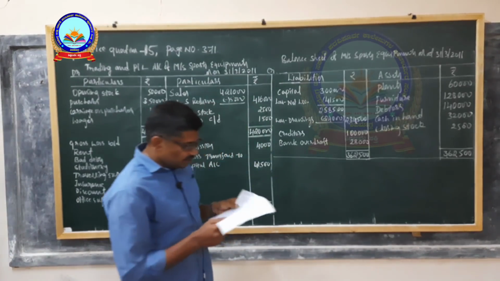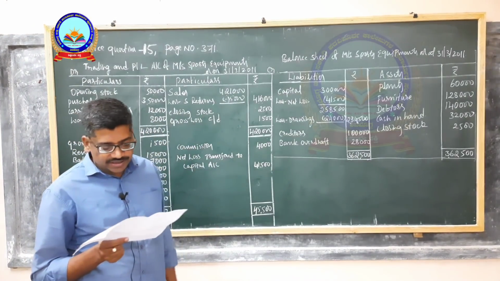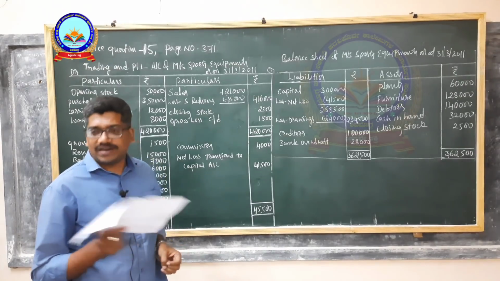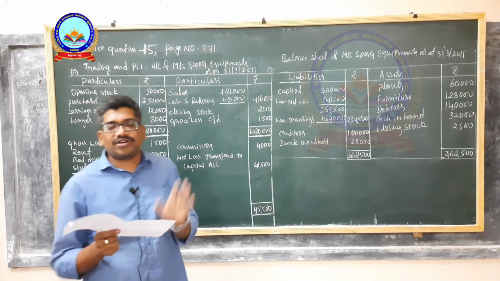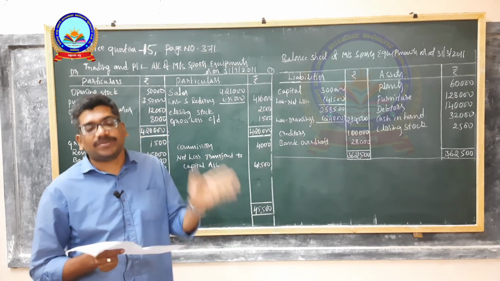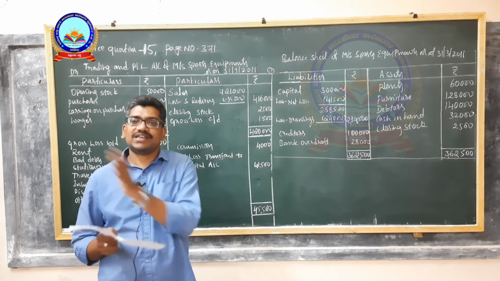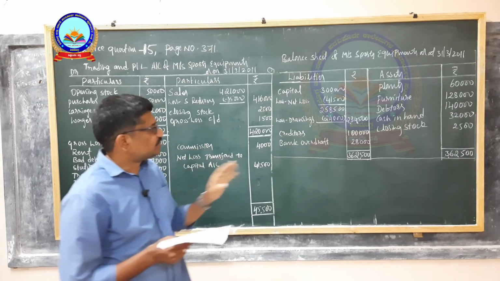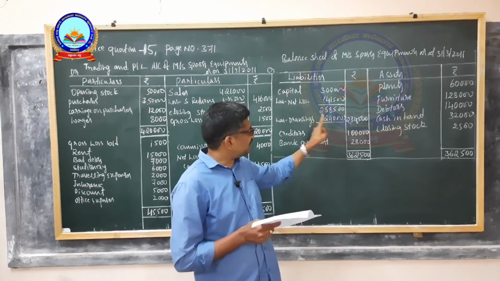Now one more item is there for adjusting the capital account, that is drawing. Drawing is available in the trial balance itself. As I said earlier, drawing reduces the capital, because the proprietor withdraws the amount from the business capital for his or her personal use. Therefore we have to subtract the drawing from the capital amount.